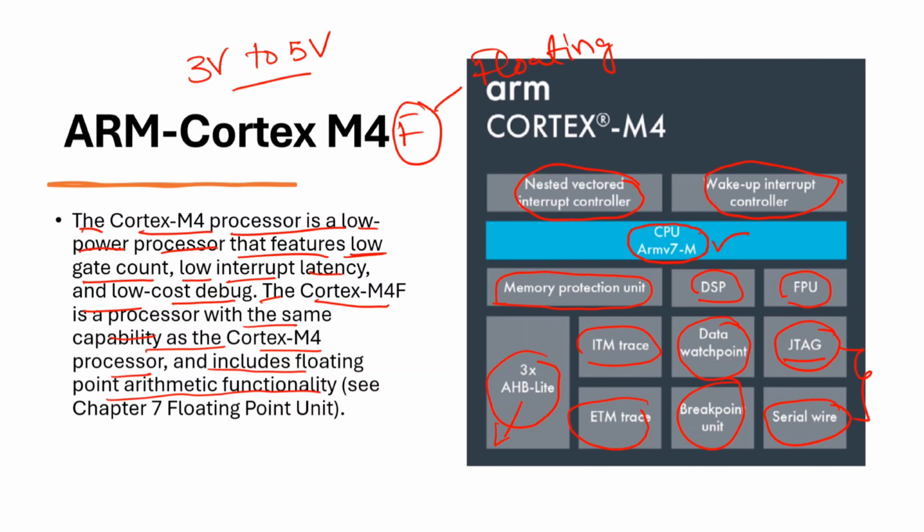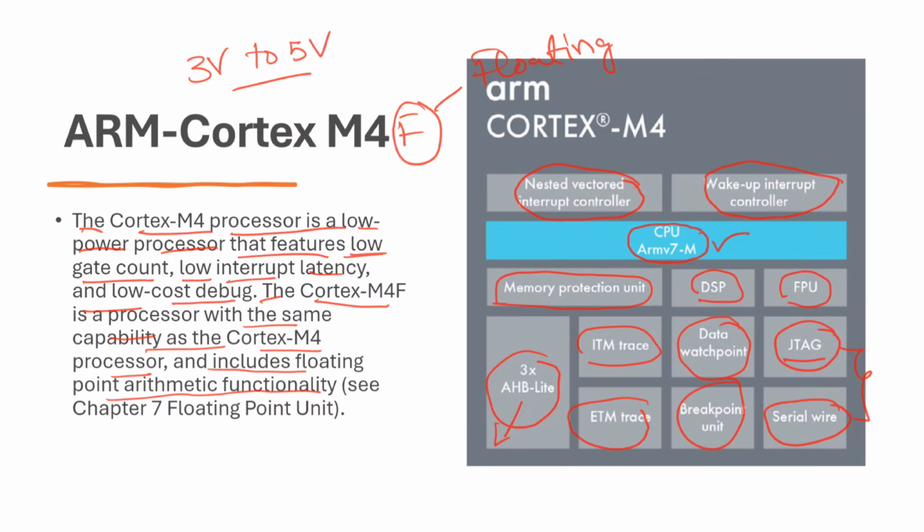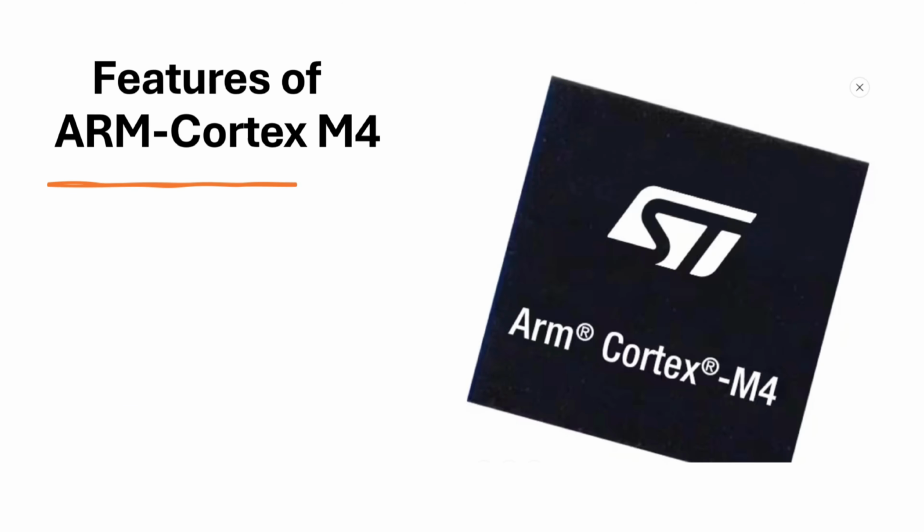Now, see some of the features of ARM-CORTEX M4. The first feature is it is a 32-bit processor. Do you know what is the meaning of 32-bit processor? You may hear of a 16-bit processor, 32-bit processor, 8-bit processor, and 64-bit processor. Nowadays, 64-bit processor is the high-end processor.